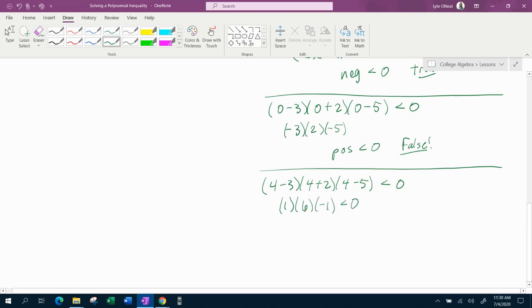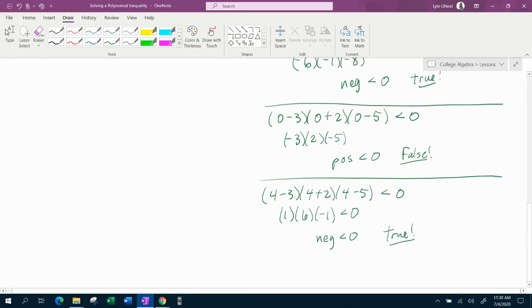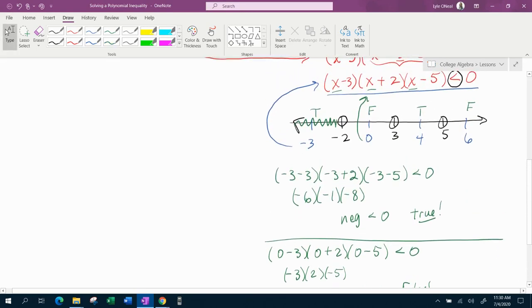Positive times a positive makes a positive. Positive times a negative makes a negative. Is a negative number less than 0? Yes, true. And so that means the 4 is true, which means that all of this in between 3 and 5 is part of the solution set.